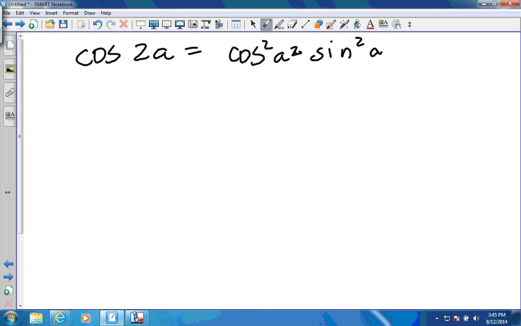All right, here we're doing cosine of 2a equals cosine squared of a minus sine squared of a. Now, there's a property that shows you this, or if you wanted to go about and try to prove it, you'd say cosine of 2a, or not 2a, cosine of a plus a.